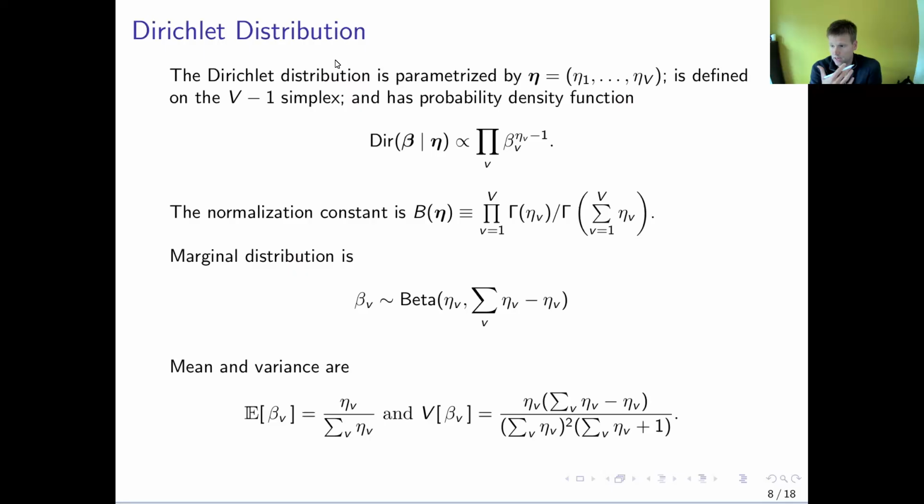The beta distribution turns out to be conjugate to the binomial probability in the beta binomial model. So this is a multivariate generalization of the beta binomial. It is instead the Dirichlet multinomial. Just like the multinomial is the multivariate generalization of a binomial distribution, the Dirichlet is the multivariate generalization of a beta distribution.